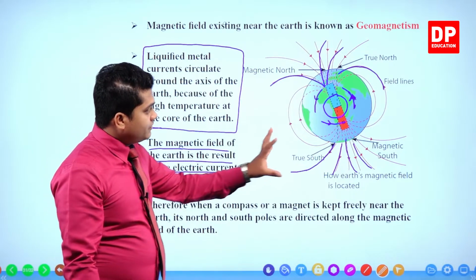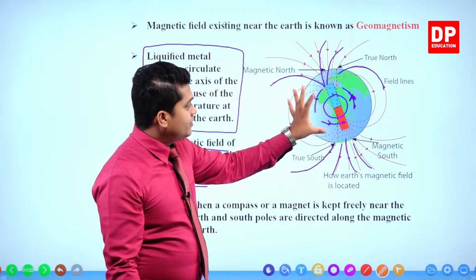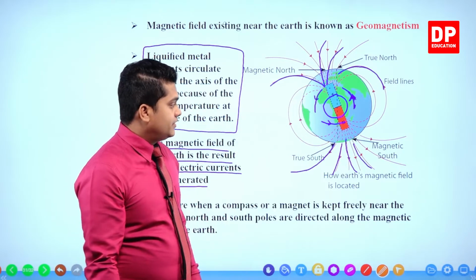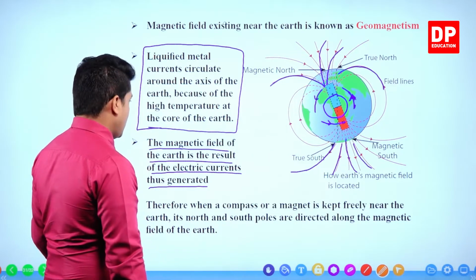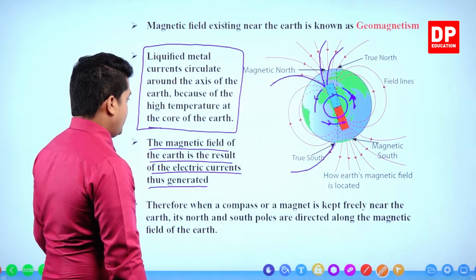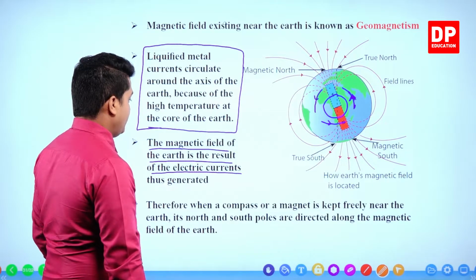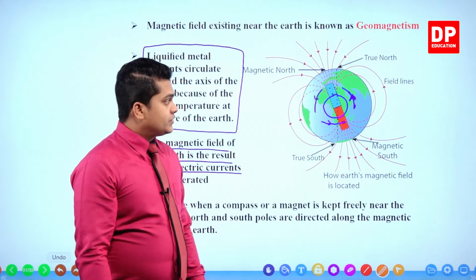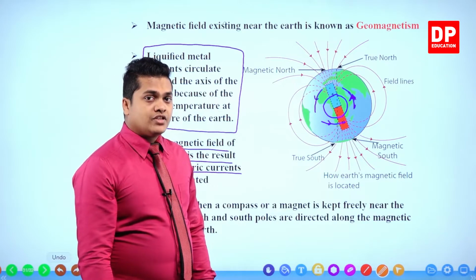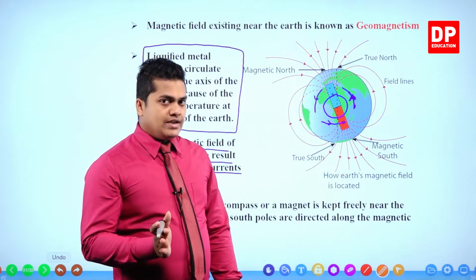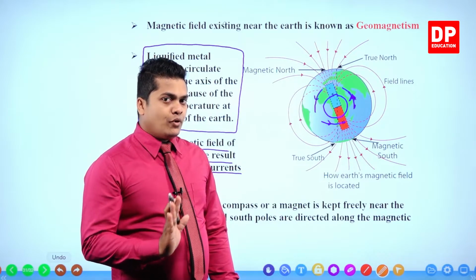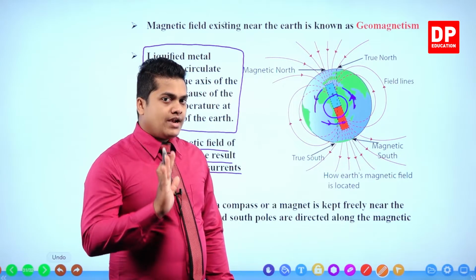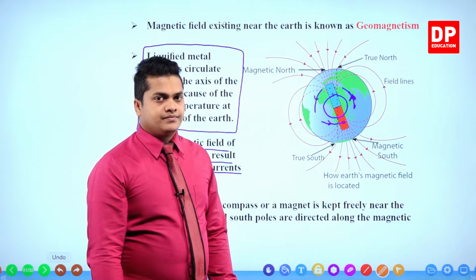So you can observe how it behaves within this figure. I'll remove those lines which I have drawn so that you can observe this magnetic field very clearly. So this is the magnetic field, or the geomagnetism, which occurs in our earth. You know that unlike poles are the ones which attract in a magnet.